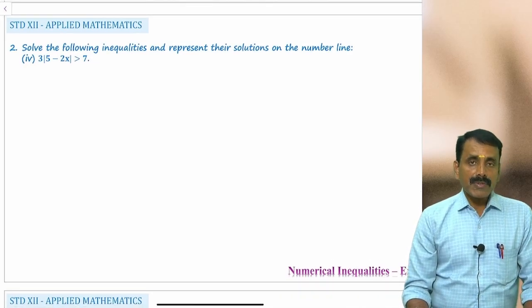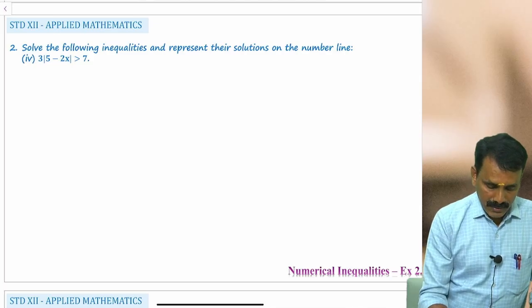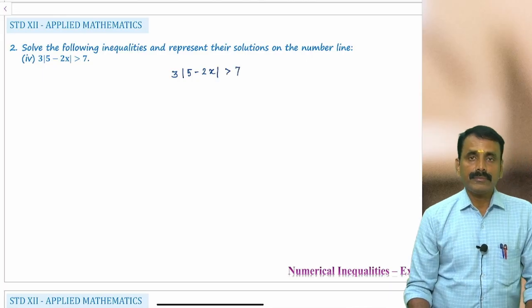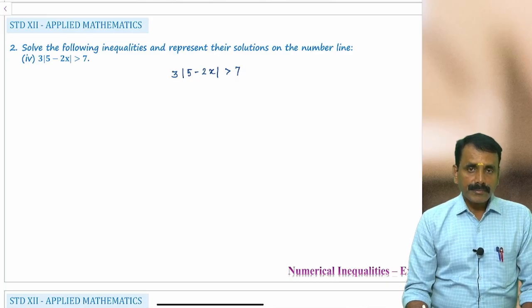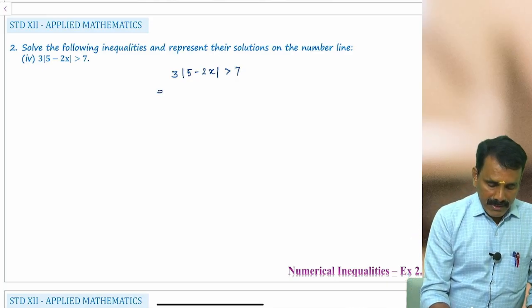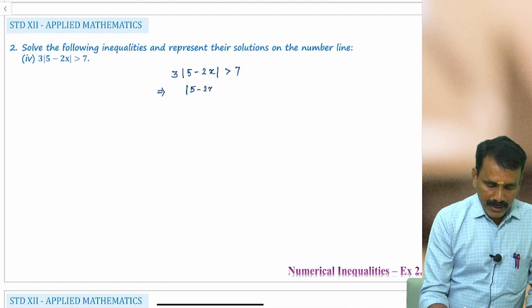Now, consider this expression: 3 times modulus of 5 minus 2x greater than 7. Okay, which can be rewritten as modulus of 5 minus 2x.